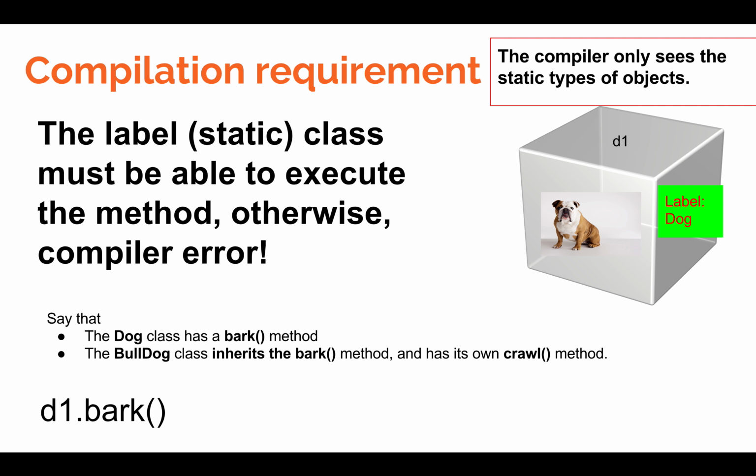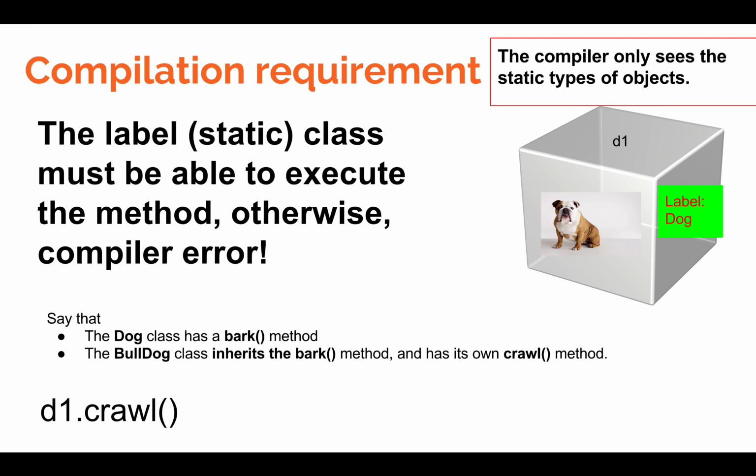Okay? This is the example. What happens if I do something like d1.bark? So d1 is still the same thing. Its static type is dog. Inside there is a bulldog. I'm doing d1.bark. What's going to happen? Is this going to compile? So the only question we're asking right now is, is it going to compile? Sure, right? Dogs can bark. Sure, why not? What about d1.crawl?